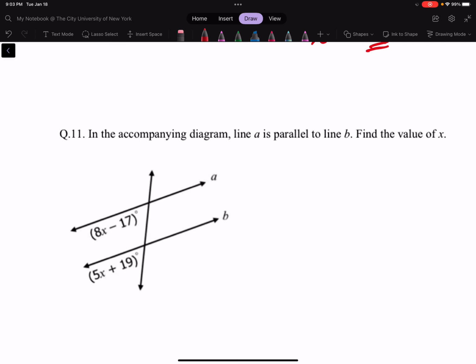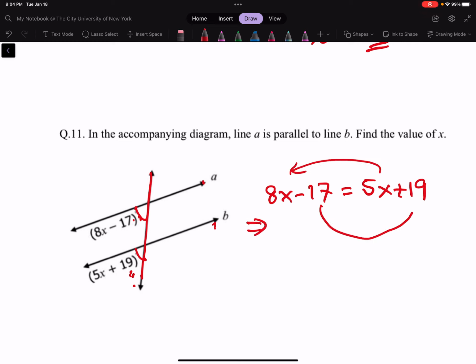Okay, so the next one, again parallel lines. This is the transversal. So on the same side, one inside, one outside. So they are corresponding angles and they are congruent. So we can say 8x minus 17 equals 5x plus 19. All right. So now all apples on one side, oranges on the other side.